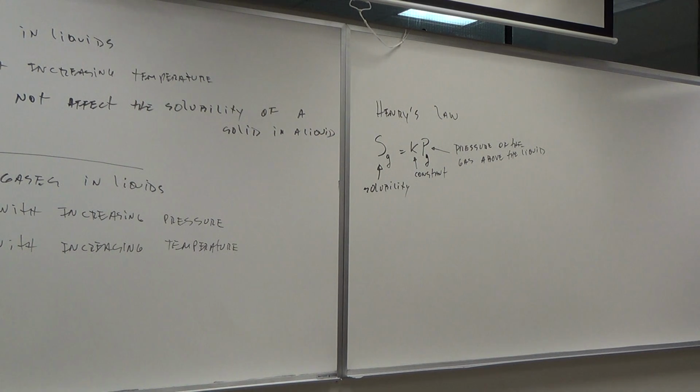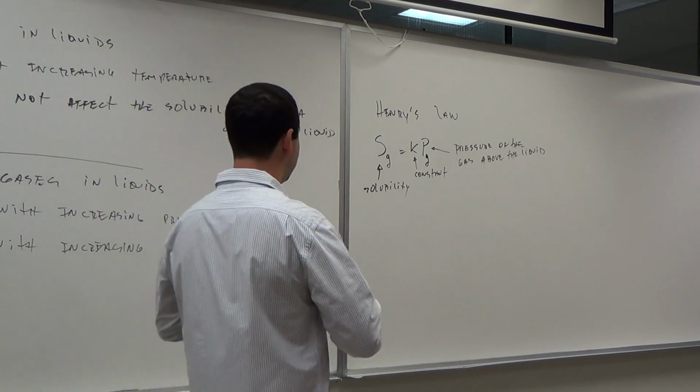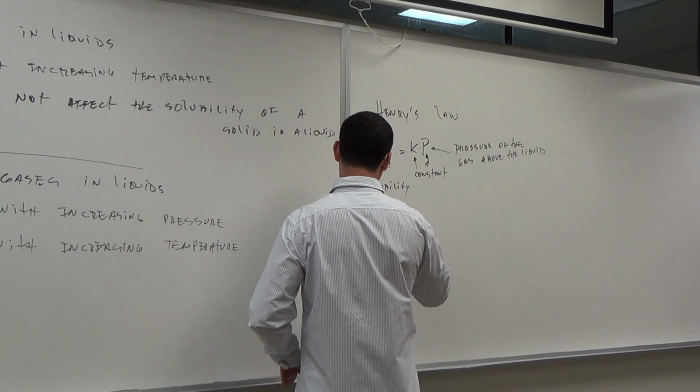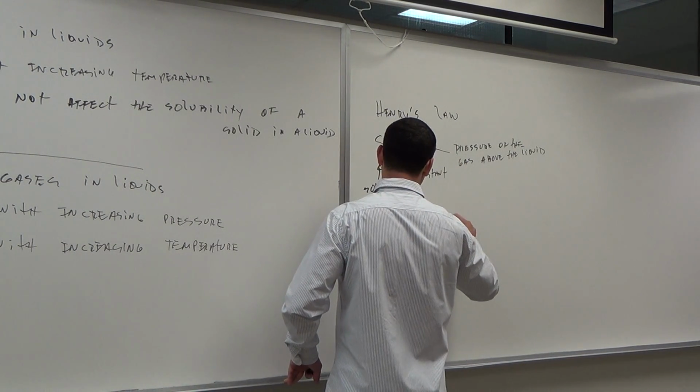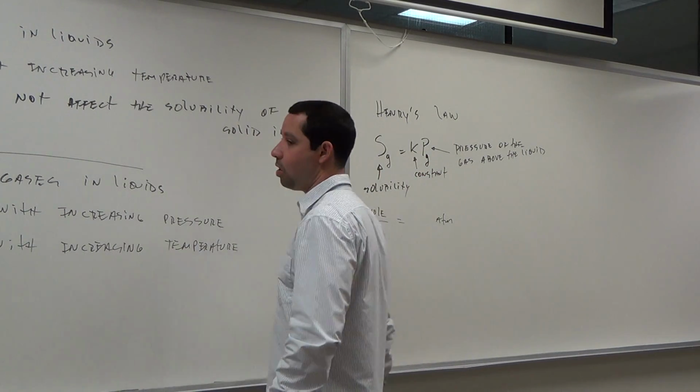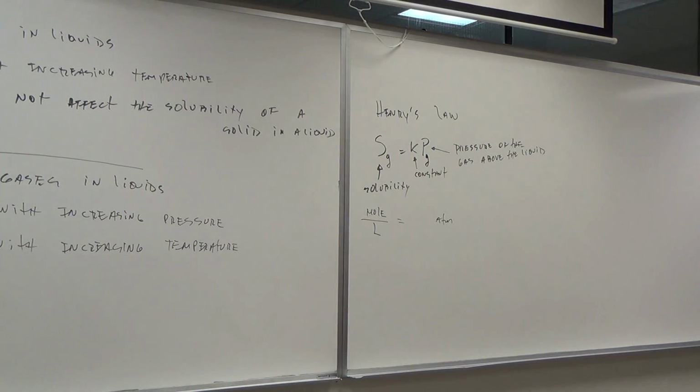But if I tell you that this solubility is in molarity, moles per liter, and I tell you that this pressure is in atm, what are the units on Henry's law constant? Moles over liter atm. It's a question on the test, okay?